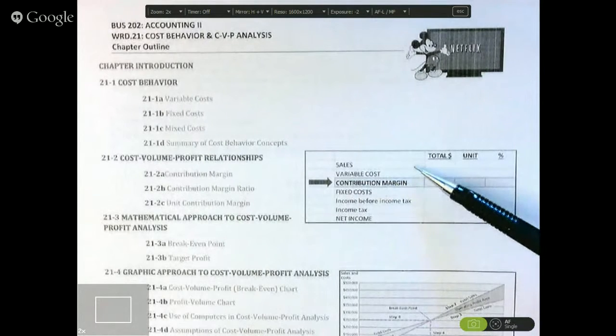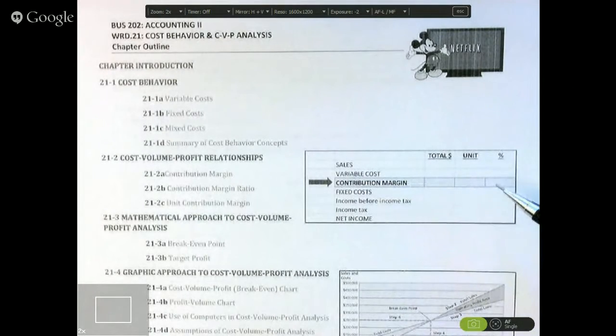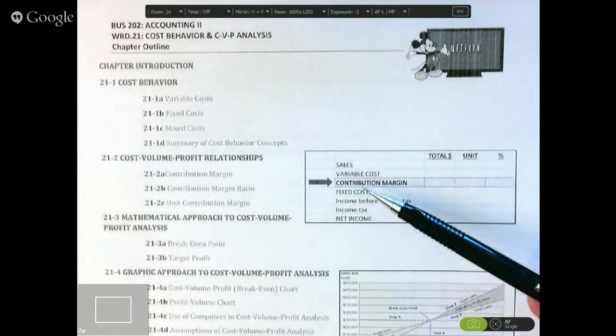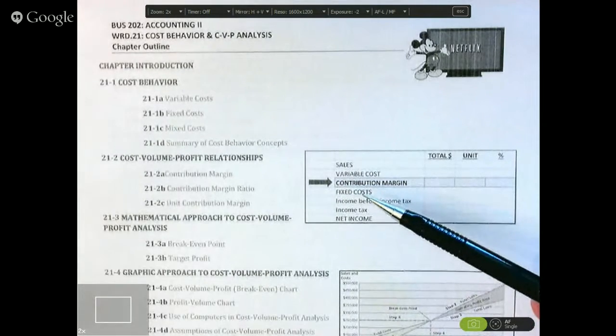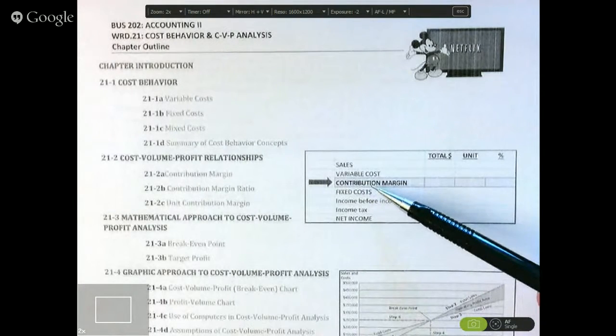Contribution margin is the sales less total variable costs of manufacturing. As you can see, the contribution margin is highlighted, and there's a strong arrow pointing to it. So that is the key that we want to work toward with all the exercises that we have with CVP analysis.